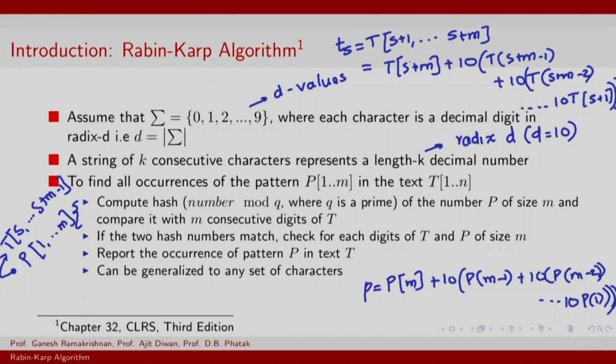So computing Ts and P can be expensive. In fact, it might not even be possible to fit Ts or P into one computer word. So a hash comes to our rescue here.